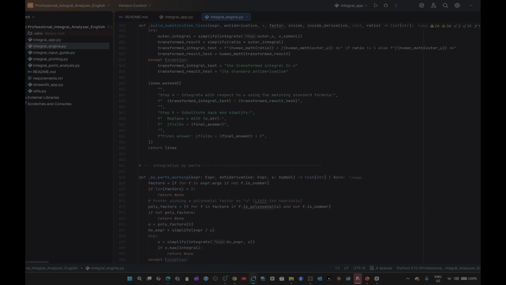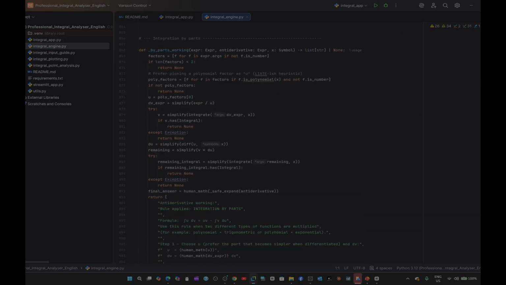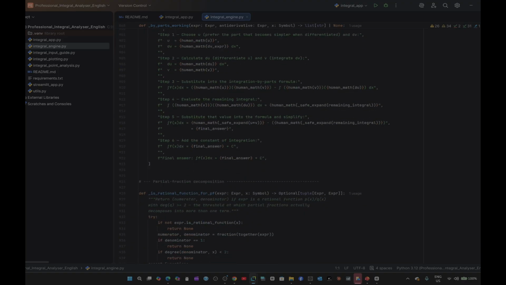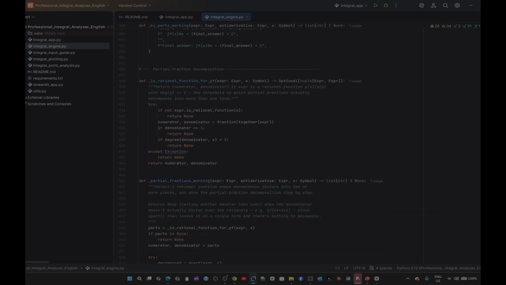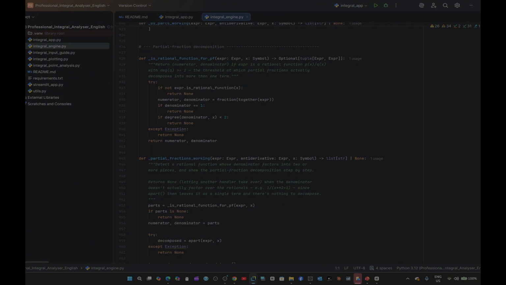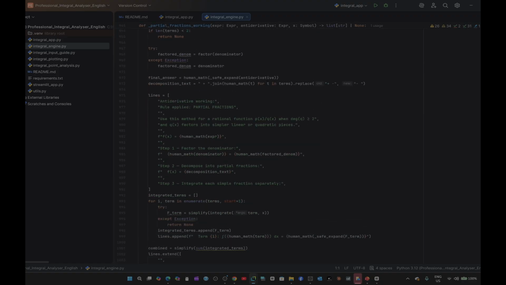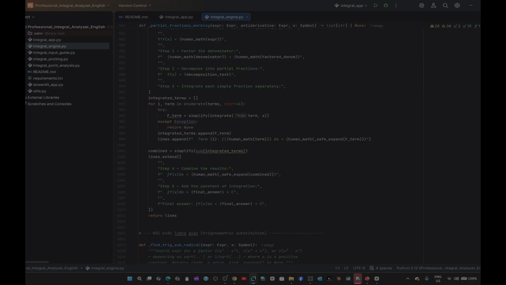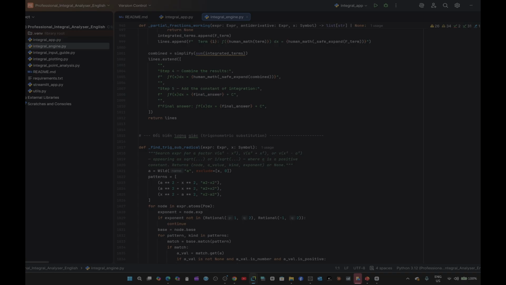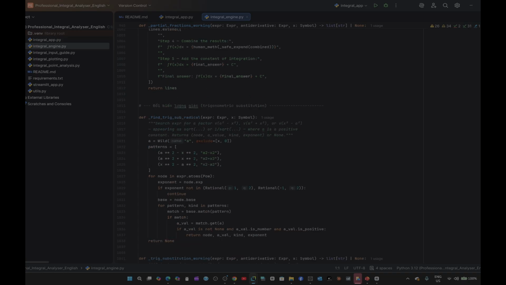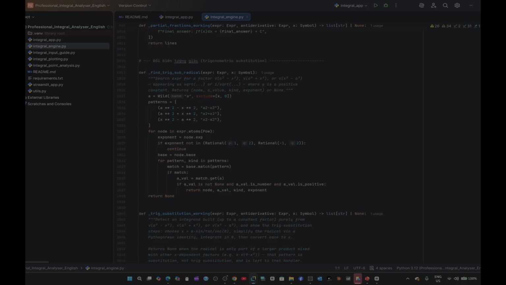Okay. Except an integral definition by power working, or the function, the partial fraction working, term, or this one, and the right term. Down here, you return the trigonometric substitution, radical, or it down here.